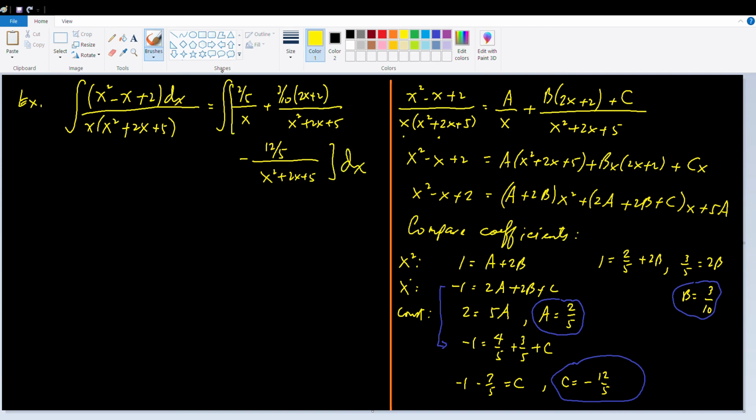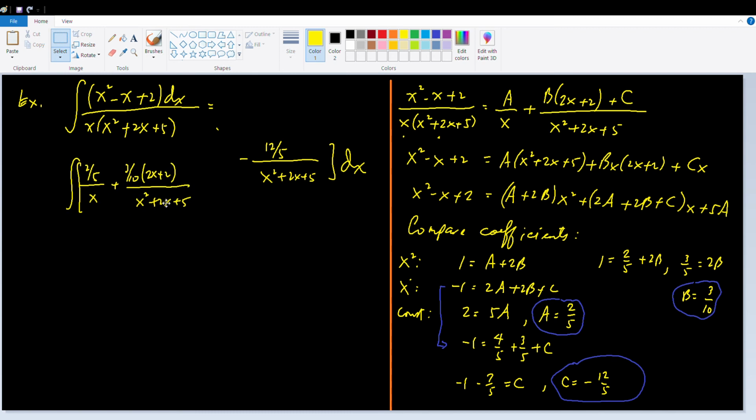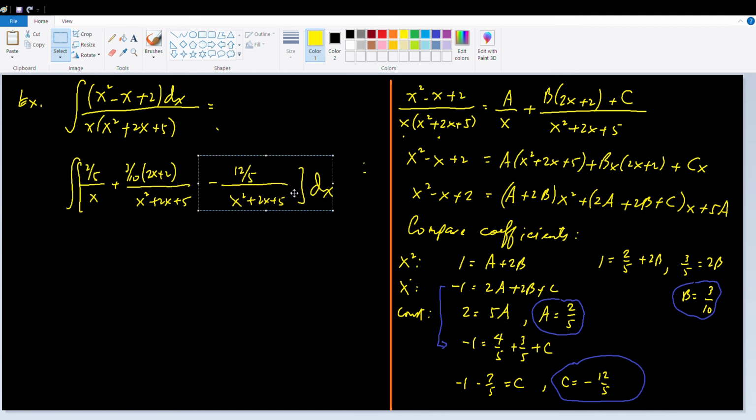So I think I should write this down below. Okay. So integrating 2 pips over x dx is 2 pips ln absolute value of x plus 3 over 10.